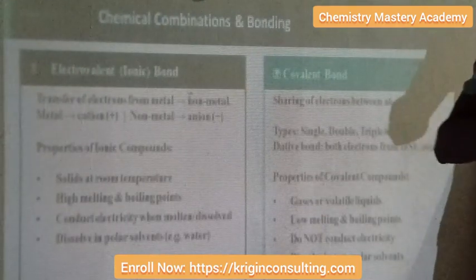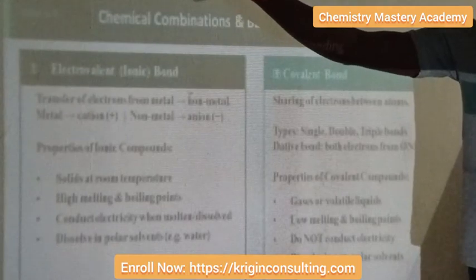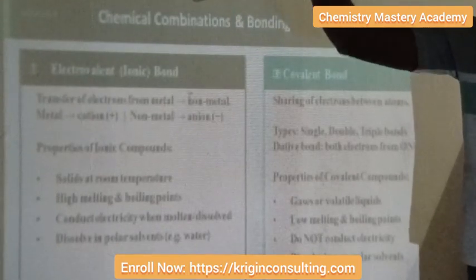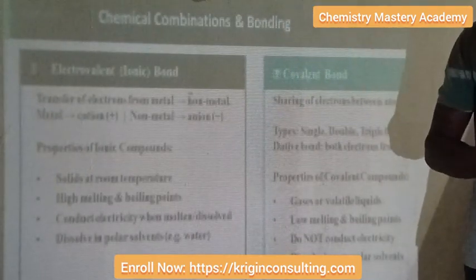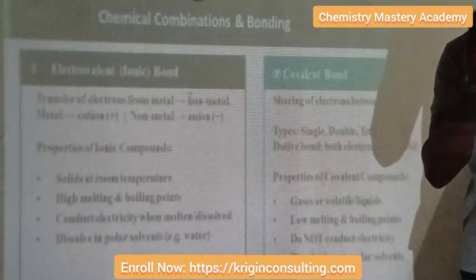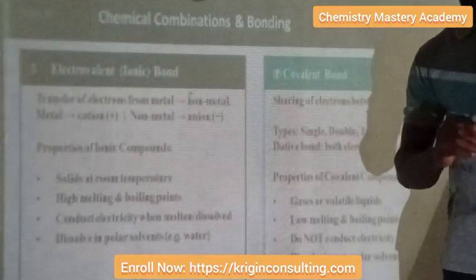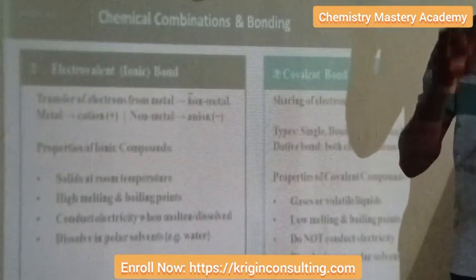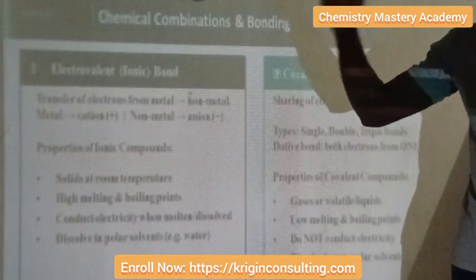Now, when it transfers those electrons to another element, it becomes an ion. And in ions, we have two types of ions. We have cations and we have anions. Cations are those that have positive charge, while anions are those that have negative charge.